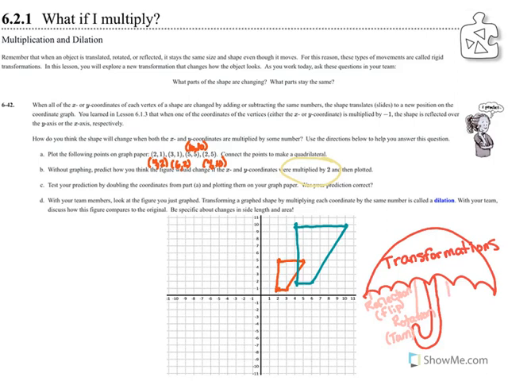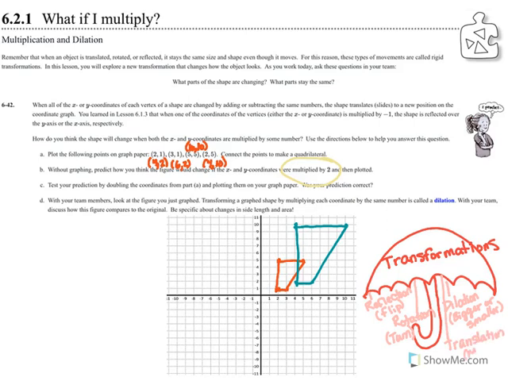Then we have our new one, which is dilation. And dilations make bigger or smaller. And the last one is translation. And it was actually the first one we learned.